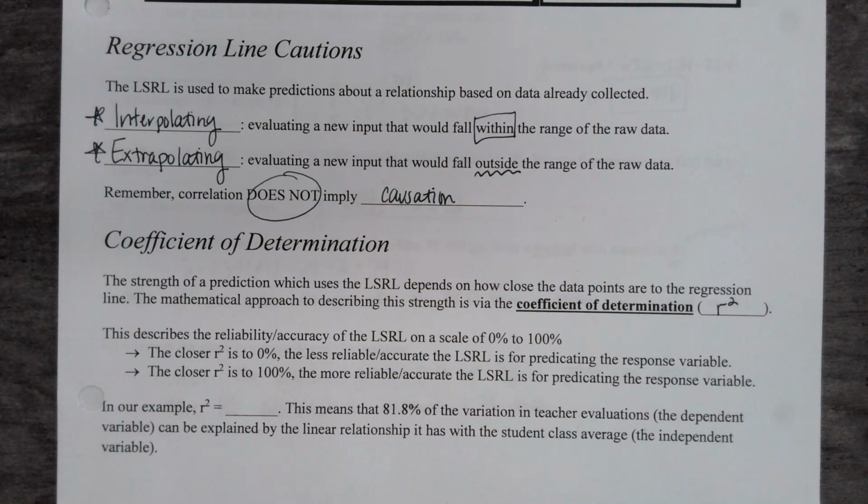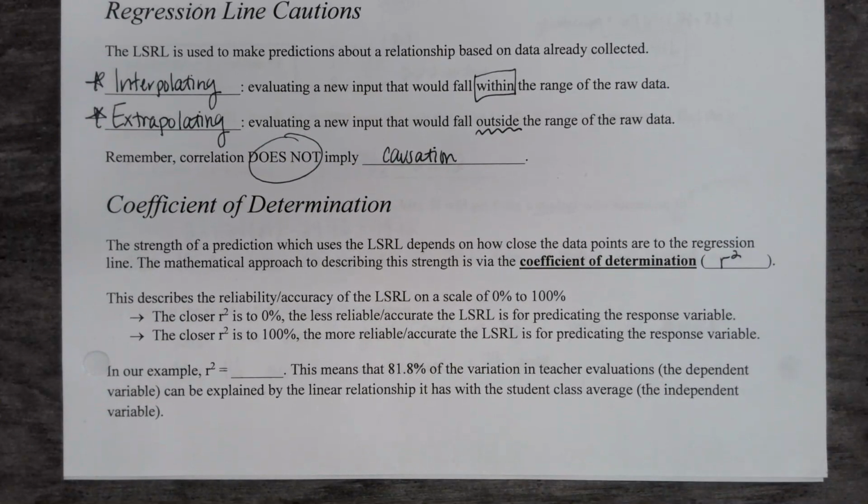So when we have an R squared value that is really close to 0, it means it's less reliable and less accurate at predicting that response variable. If it's close to 100%, it's more reliable for predicting your response variable.